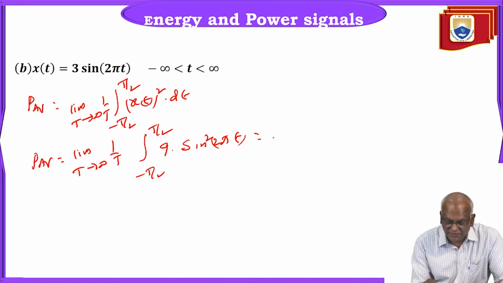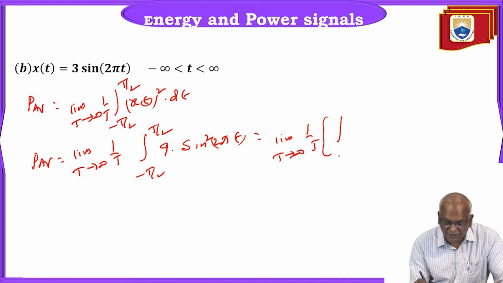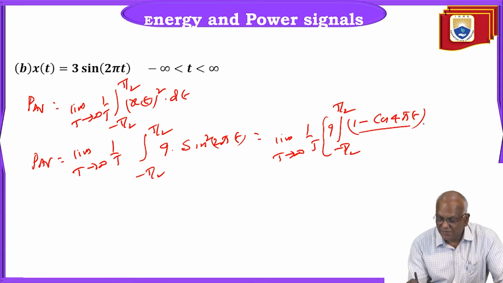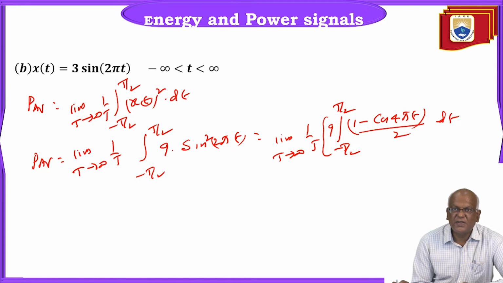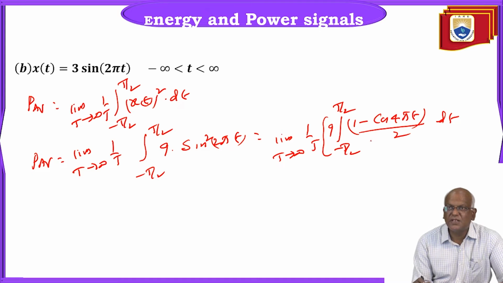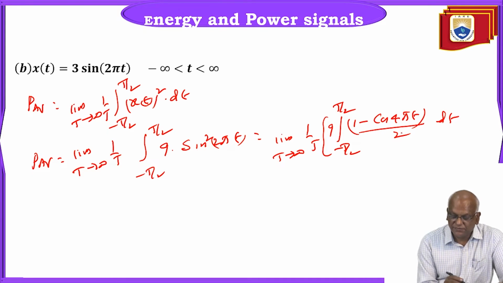This is written as the limit as t tends to infinity of 1 by t, within brackets, the integral from minus t by 2 to plus t by 2 of 9 times 1 minus cos 4 pi t divided by 2, dt. Correct, the sin square function is written in terms of 1 minus cos 2 theta form, so it becomes 1 minus cos 4 pi t by 2 dt.